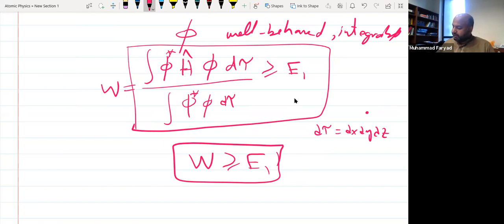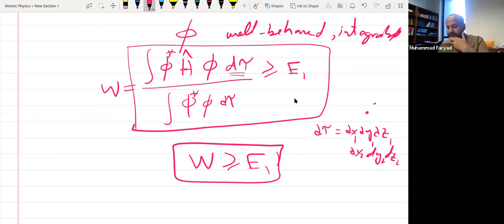But if you have, let's say, two particles, then your d tau is dx1 dy1 dz1 dx2 dy2 dz2. So whatever coordinates you have in your problem, you have to integrate over all of them, and your function phi can in general have all of these dependencies.